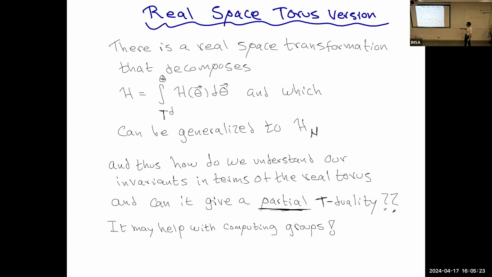And what about the real torus? What I presented was a version that generalized the Brillouin zone to interacting systems. Can we generalize and use the real torus instead? Yes, we can. Will this help understand a partial result for T-duality? It may also help in computing groups because you don't have to worry about the action of k going to minus k, say, in time reversal symmetry and things like that.